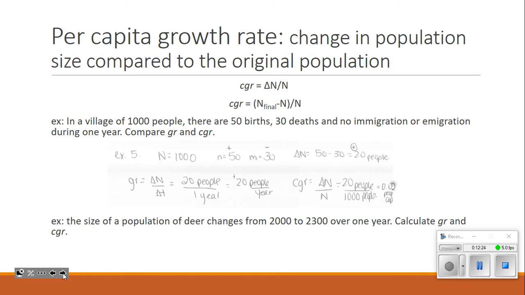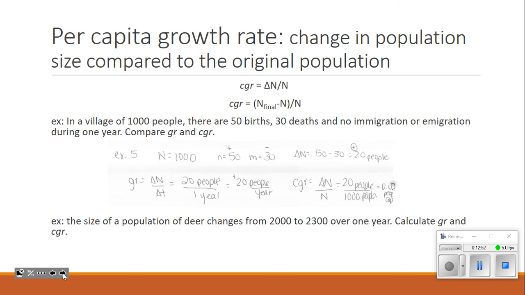And it happens during 1 year. A lot of the time, questions will give you enough information to calculate both growth rate, which is over time, and per capita growth rate, which makes it tricky because you have enough numbers to calculate both things. In this question, we're going to compare the growth rate and the per capita growth rate so that you can see how they differ.